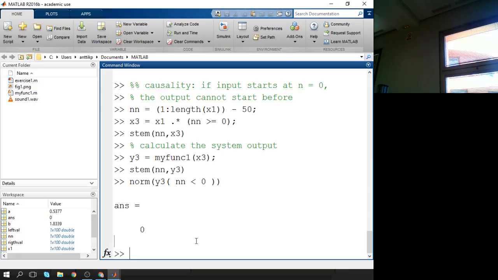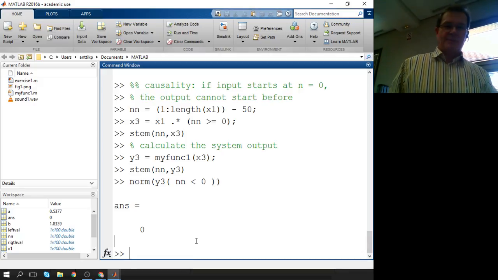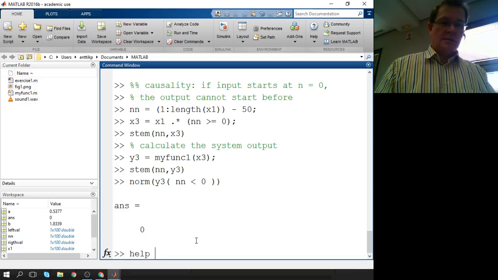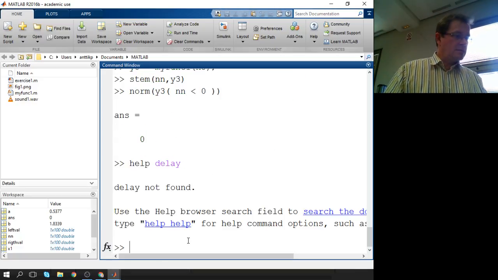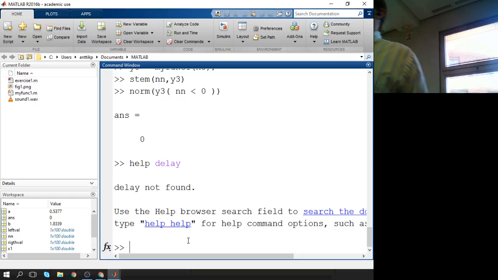Okay, now basically what we need to do in MATLAB is how to make that delay. And for that one, let's just type help delay. Does it have? Yeah, it doesn't. So basically, we use a little bit of information that comes later on today.